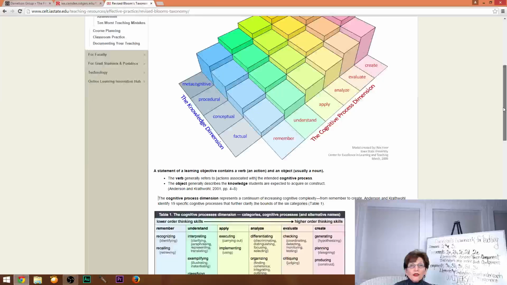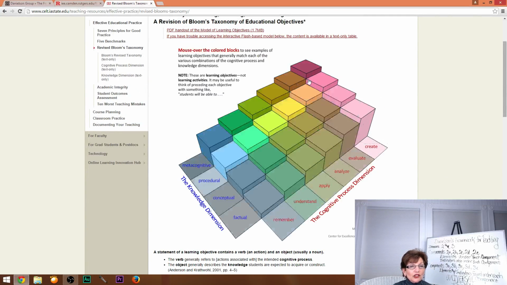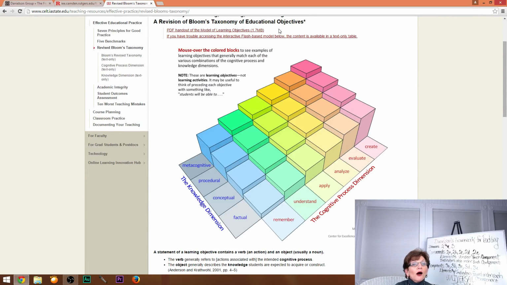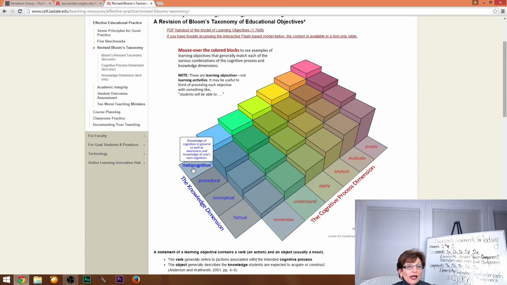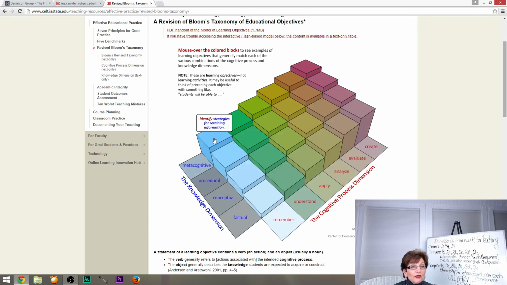Now, this new revised Bloom's taxonomy of educational objectives is magnificent, because watch this. If you are teaching a metacognitive lesson, and the student is at the first level of cognitive ability, then go up here.